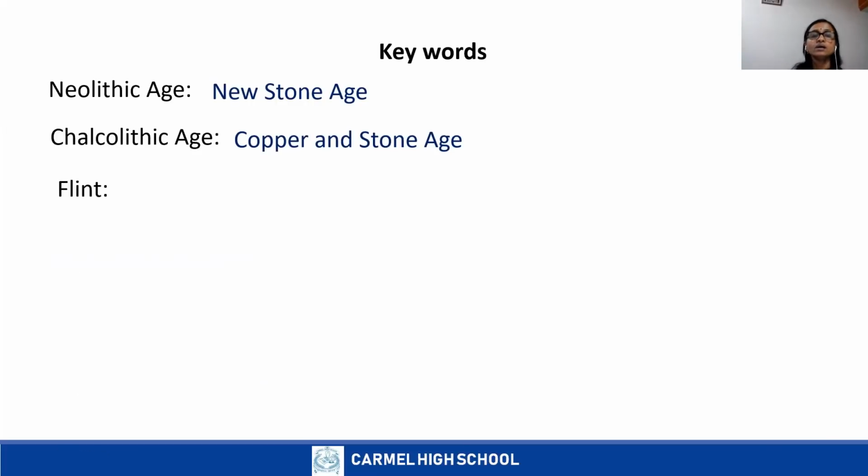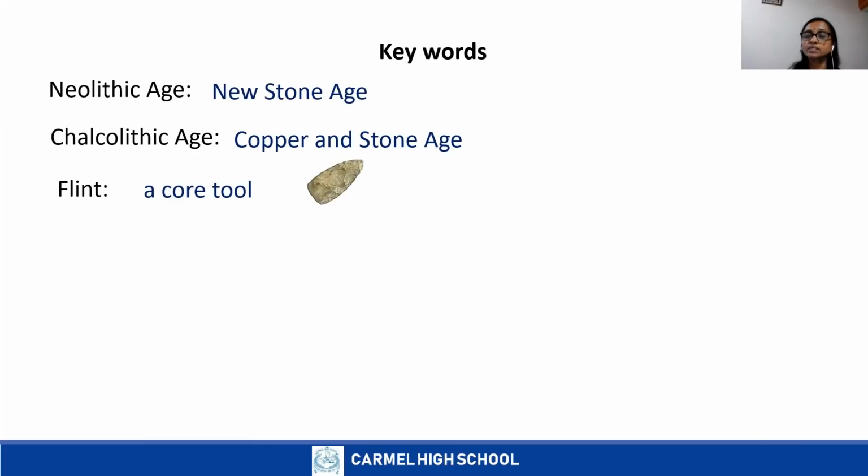Already in the previous class, you learned a few stone tools, and even observed pictures also. So flint is a core tool. That means the middle part of the stone. You can see the picture.